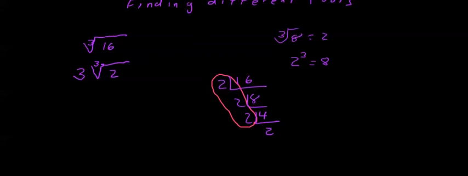Let's look at an example with variables. All right, here we're going to look at the fourth root of 2,430 times x to the fifth. Now, we're going to treat the variables separately, but the variables are actually the easiest part.